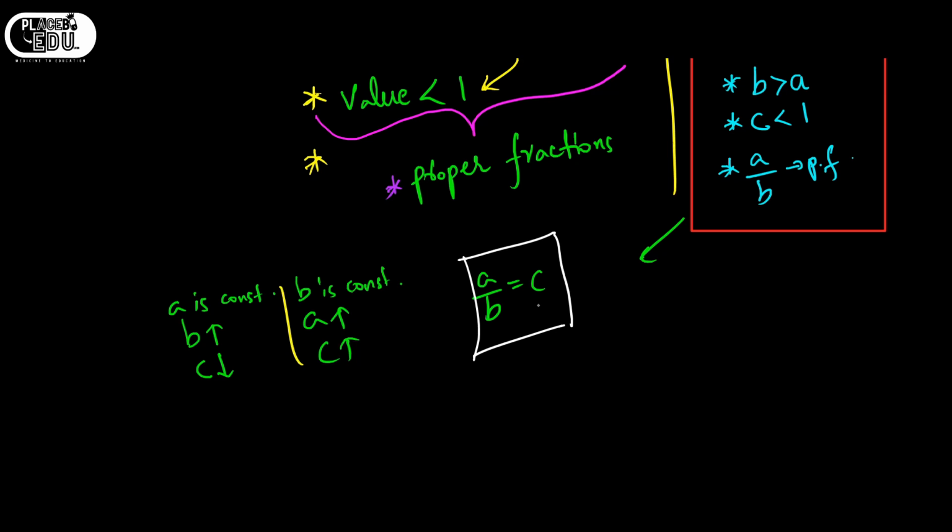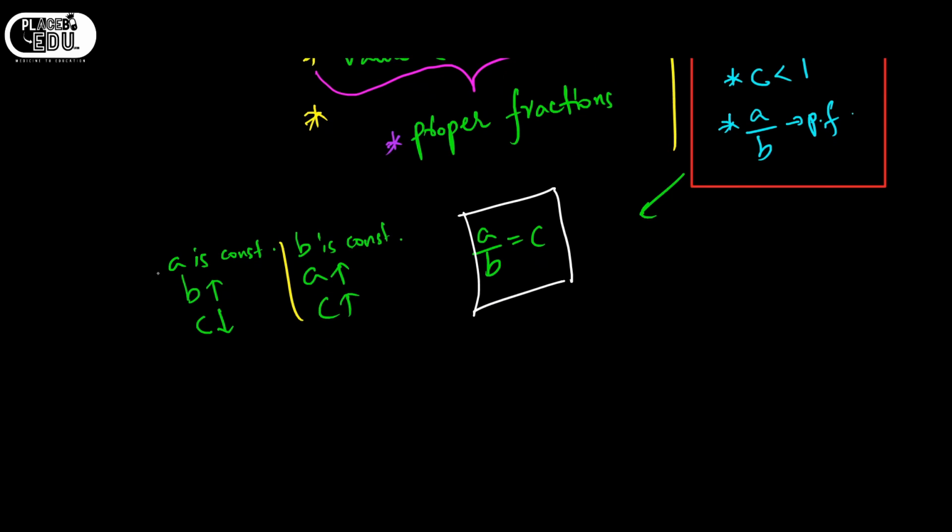Understood? For example, a is constant, that is, numerator is constant. I am considering 1 by 4, 1 by 8. See here, these two numerators are constant. What will be the c here? This will be 0.25 and this will be 0.125, right?